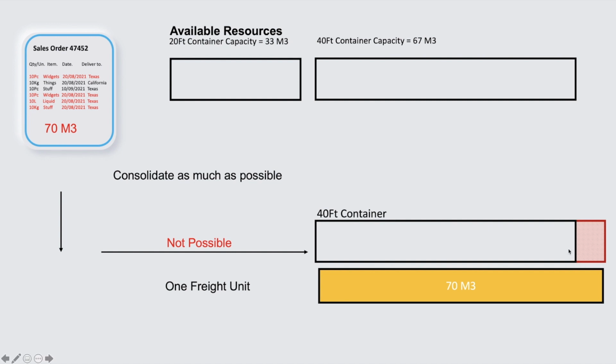Or unless I would have to have a little bit of my cargo sticking off the back of my container, which is not acceptable, nor possible, nor realistic. So what this is trying to illustrate is that whilst the intent of consolidating as much freight as possible is a worthy intent, it's not always going to yield a workable scenario.